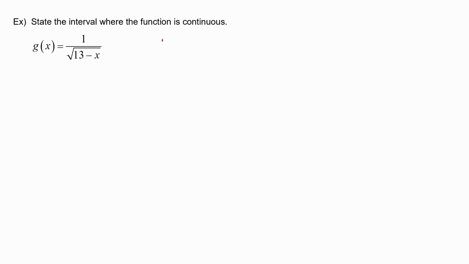So we need to look at the domain here. Now, normally, what's under the radical has to be greater than or equal to 0. But since this radical is in a denominator, it cannot equal 0. So we have to solve 13 minus x has to be strictly greater than 0.